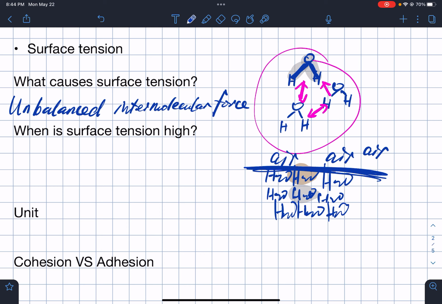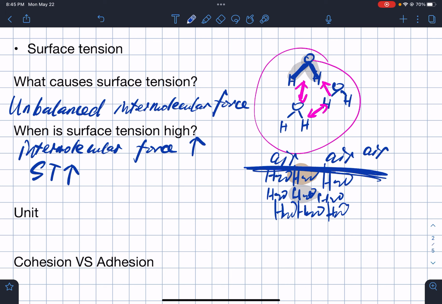When the intermolecular force is really strong, the surface tension will also be really strong. In other words, if there's weak attractive force between the liquid and the air, then the surface tension will also be high. Same meaning, different expressions.